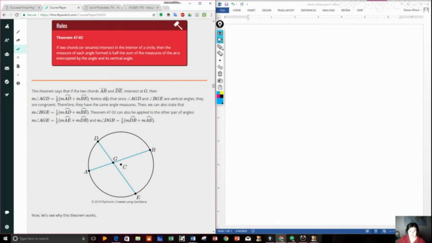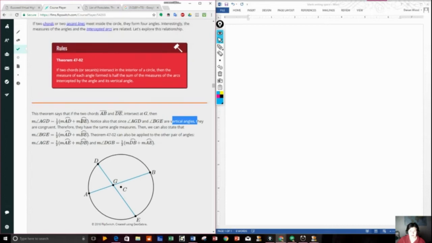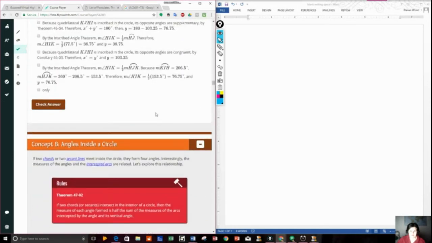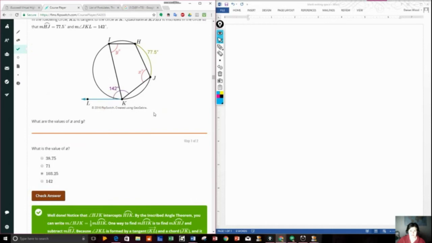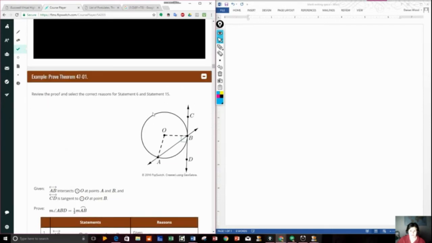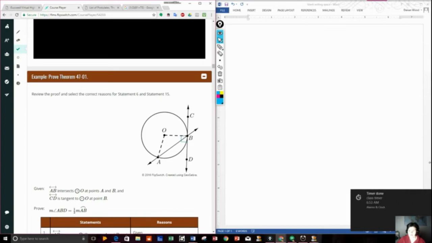It says we have vertical angles, and then they would have the same congruent angle, and then we have that if two chords are secants, then it equals half of it. Okay. Here's the proof. Nope, that one's the secant one.